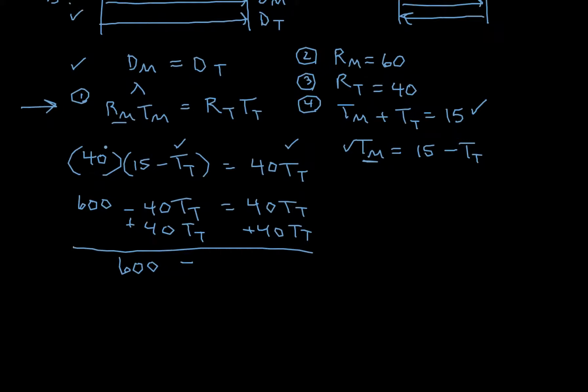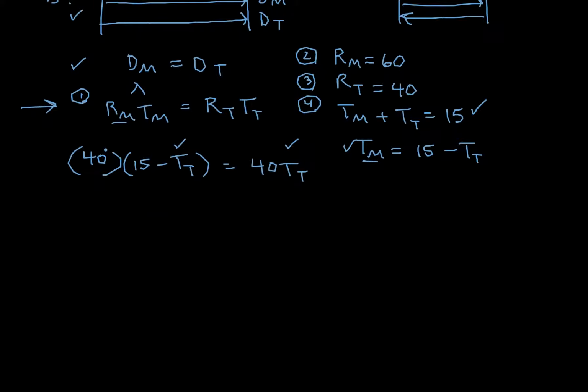Sorry, everybody. I put 40 in twice. So rate Monday right here should have been 60. I should have drawn my little lines here. Rate Monday is 60. Rate Tuesday is 40. Time Monday is 15 minus t.